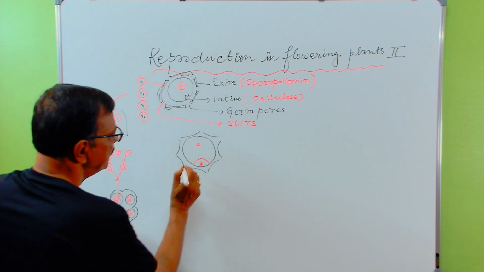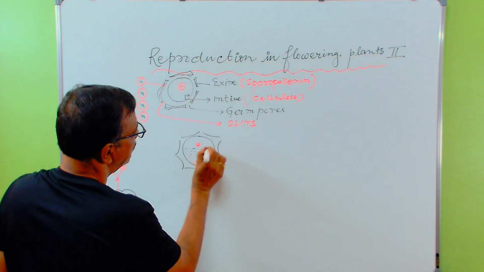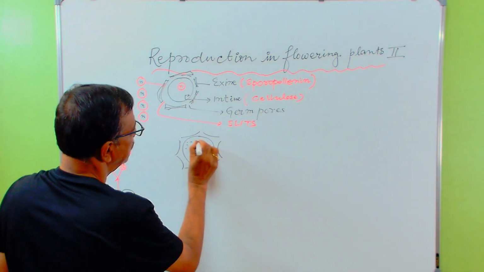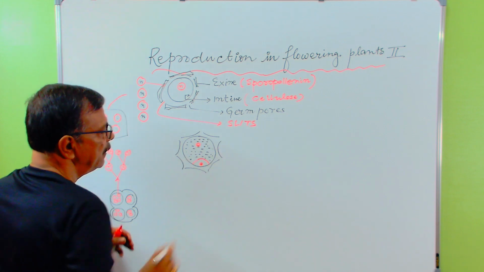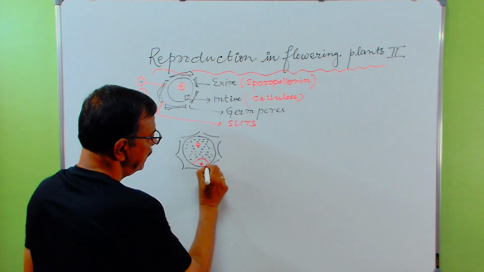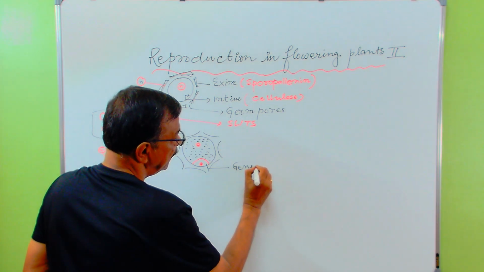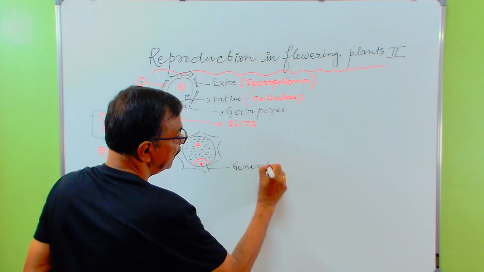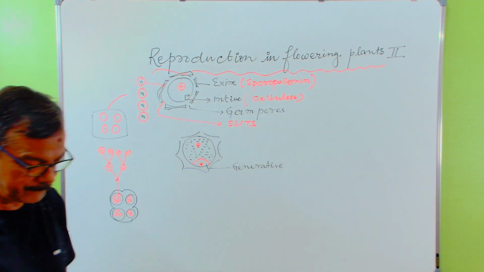Here there is cytoplasm. The smaller cell is known as the generative cell.